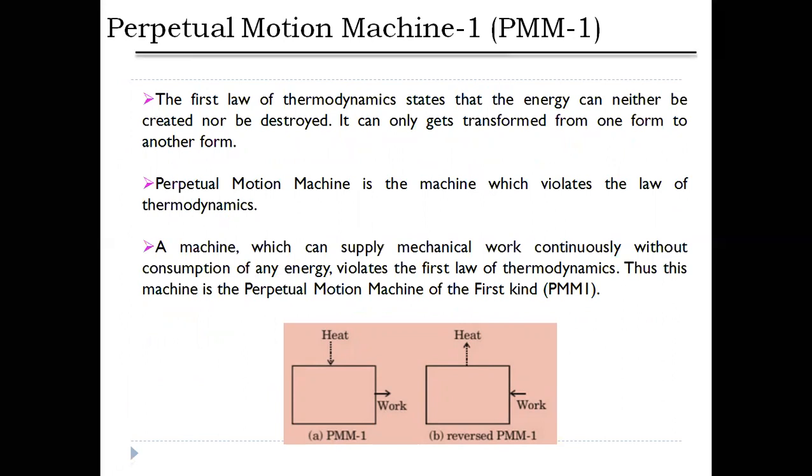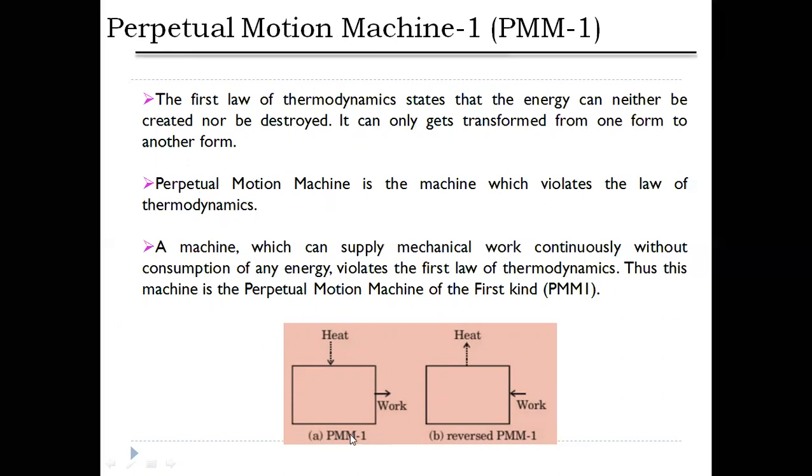That means energy can neither be created nor be destroyed. That means it should be converted from one form to another form. So the violation of this statement is the perpetual motion machine of first kind.